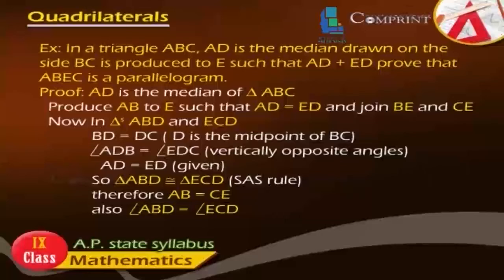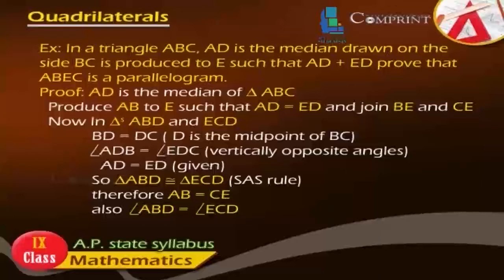Now in triangles ABD and ECD, BD is equal to DC, where D is the midpoint of BC. Angle ADB is equal to angle EDC, vertically opposite angles.